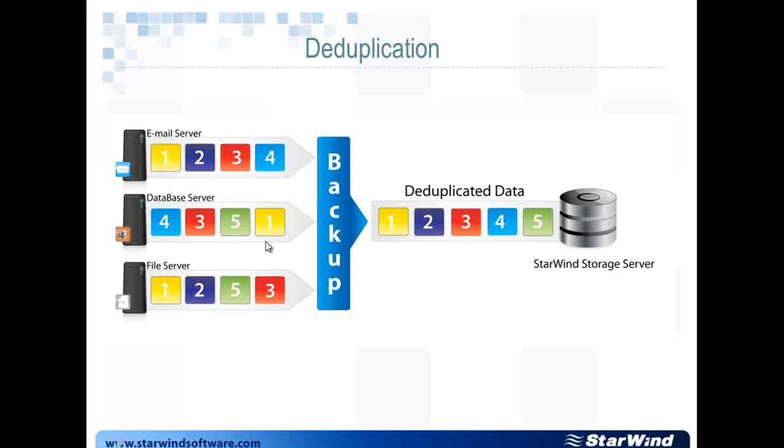And on the SAN side, only one of the similar data blocks is stored, plus a map table for it. In other words, if you have three similar virtual machines, 50 gigs each, they will take only 50 gigs of space instead of 150 on the SAN. I can even bet that the number will be even less than 50 gigs because there are definitely similar data blocks within one virtual machine.